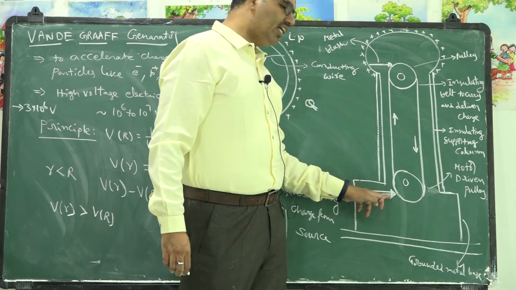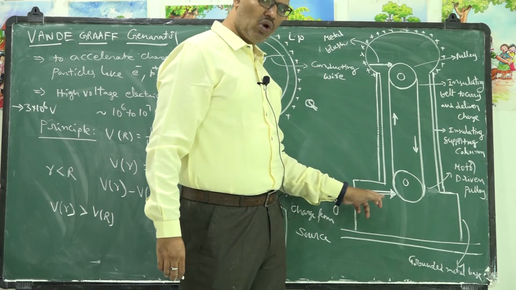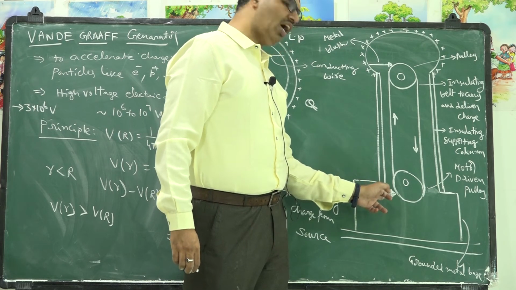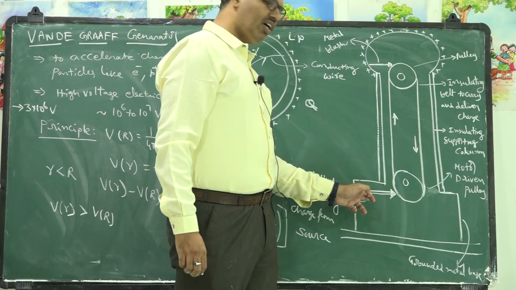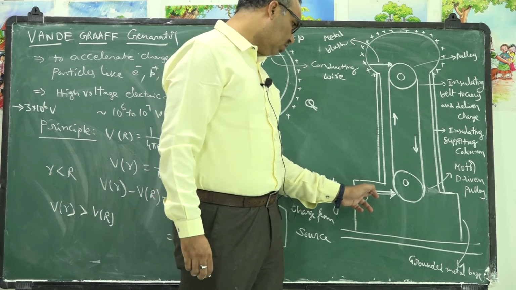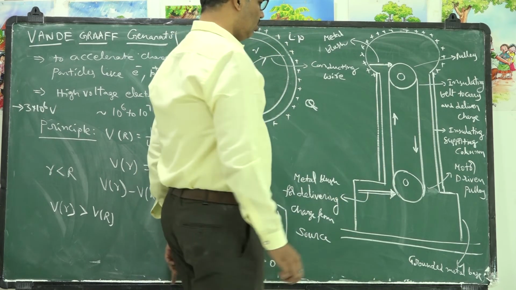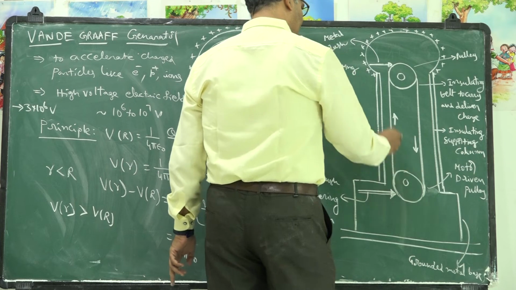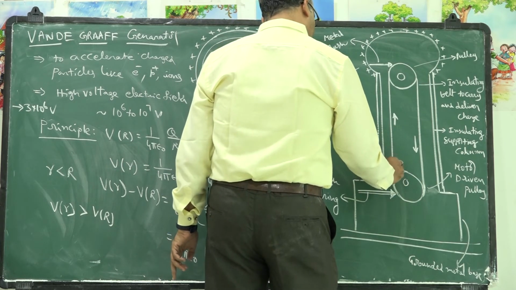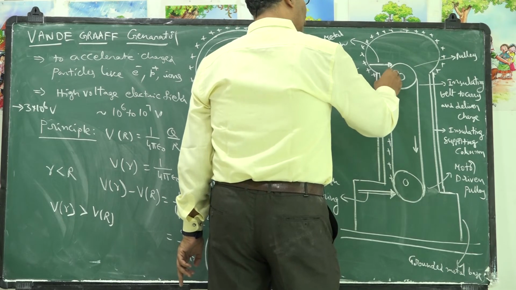As the edge is a sharper edge, due to the concept of corona discharge, the positive charge provided by the source is getting deposited onto the belt over here. So as the belt is rotating like this, the belt is transferring the charge to this spherical chamber.